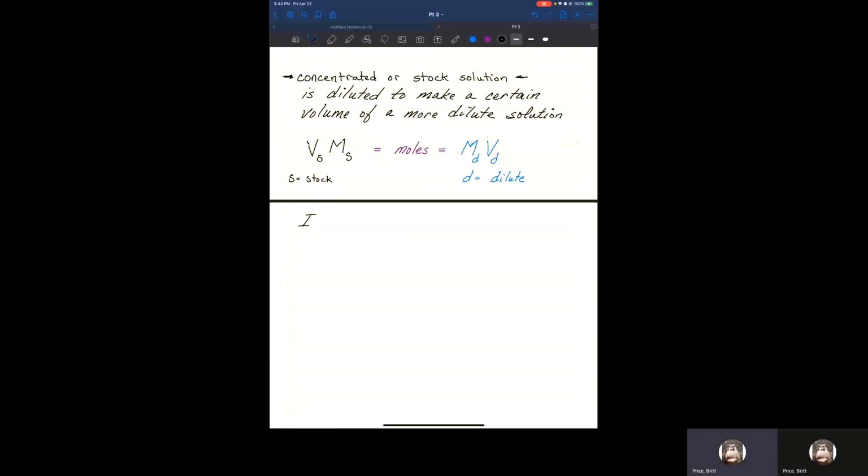I needed more 1.0 molar NaOH. I had 6.0 molar NaOH.